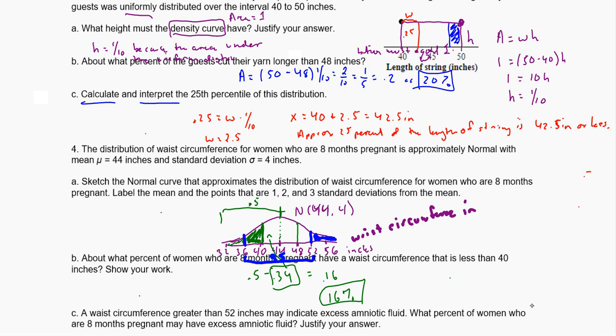So if we take 0.05 and divide that by 2, what we have is 0.025, or 2.5%. All right, and so what we know right there is that about 2.5% of women who are 8 months pregnant have excess amniotic fluid.